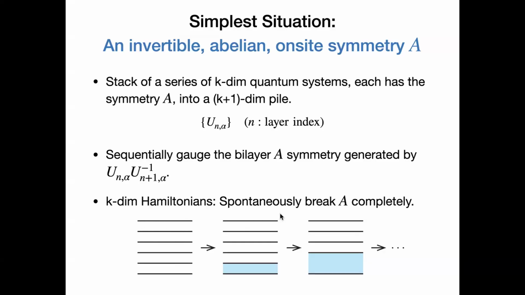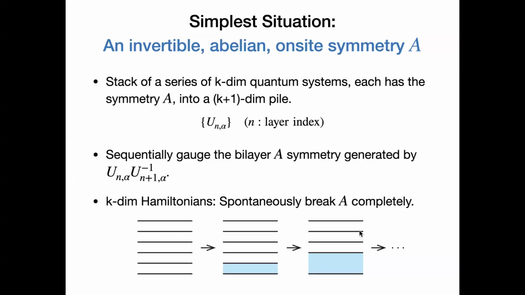And our proposal is that if you choose the initial k dimensional Hamiltonians to spontaneously break the symmetry A completely, then the k plus one dimensional Hamiltonian you get at the end will be the topological order corresponding to this k dimensional symmetry.